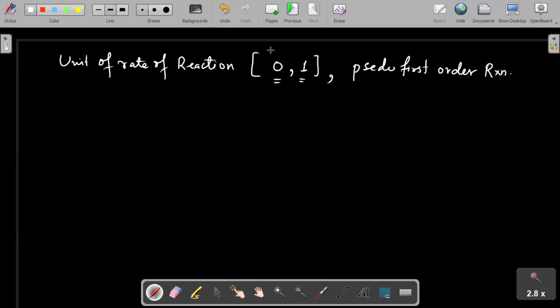So let's find the units of K for zero order.